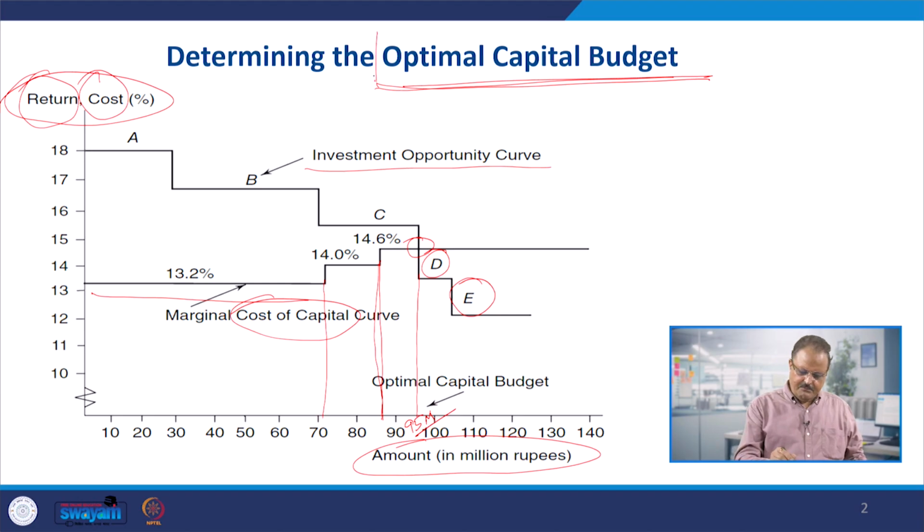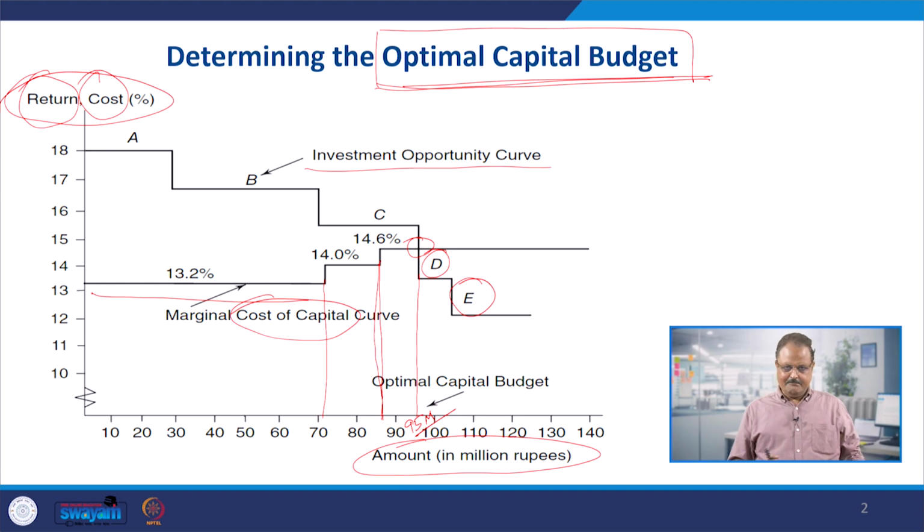So for deciding the optimal capital budget, you can take the help of the cost of capital, and we always have to compare the expected rate of return from any investment opportunity with the marginal cost of capital. We have to find out whether both are equal to each other, or the expected rate of return is more than the marginal cost of capital.